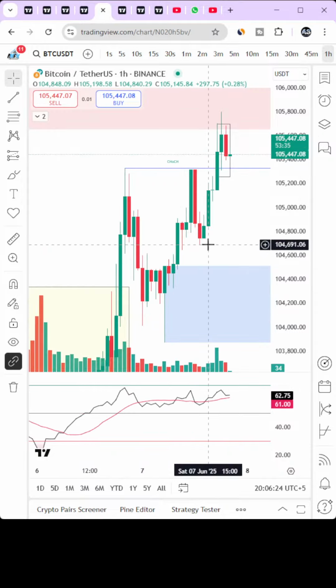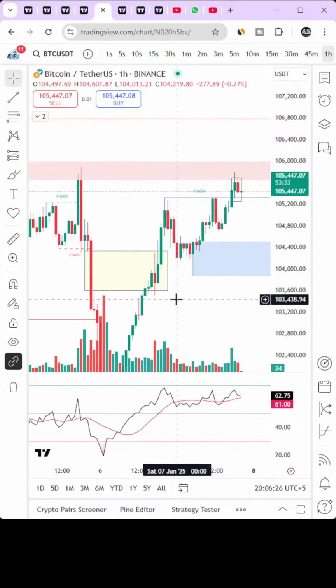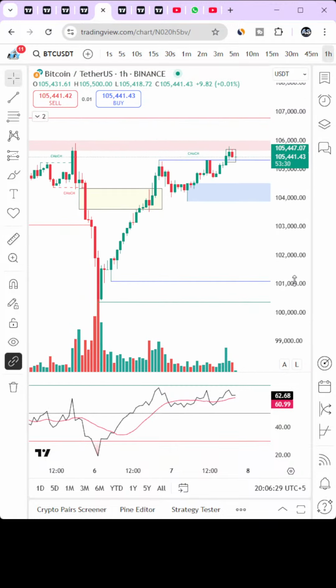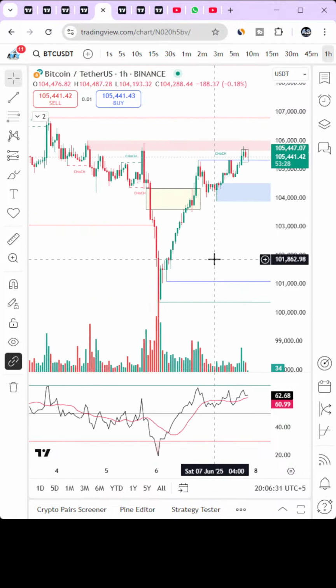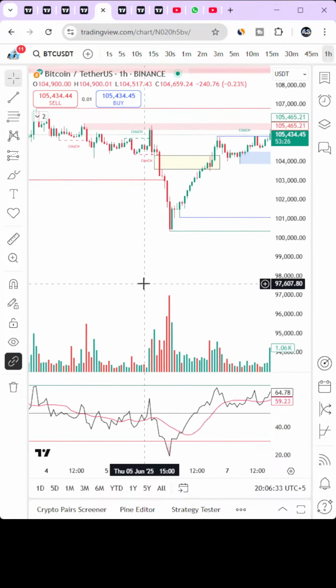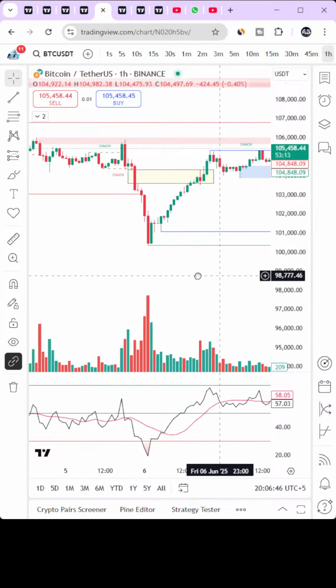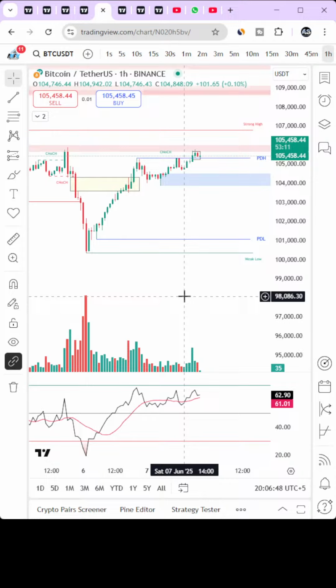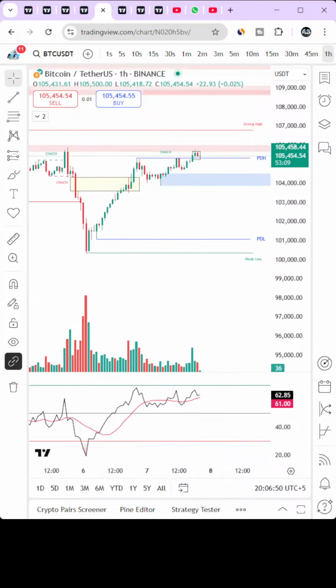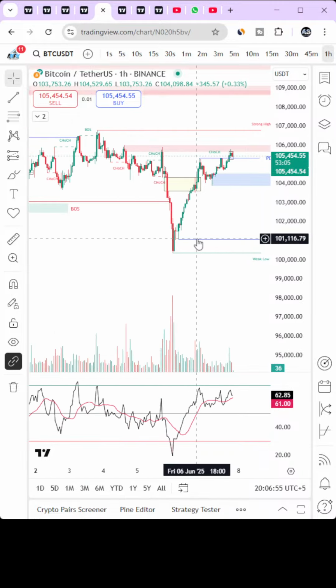Now let's see the 1 hour chart. Very bullish movement. Look at this candle. This closed at 2 a.m. yesterday, Friday late night, and the market is continuously in a bullish trend, and it has given a big movement.